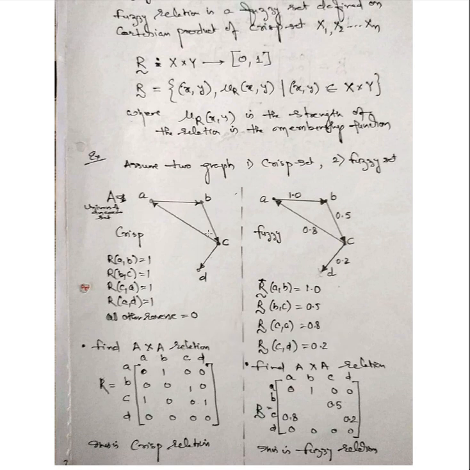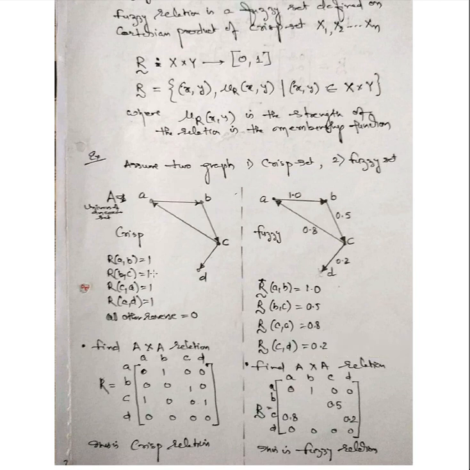That means the relation C to A is 1, but the relation A to C is 0. Here in the fuzzy case, for A to B, C to A, it is 0.8. That is how we define it.